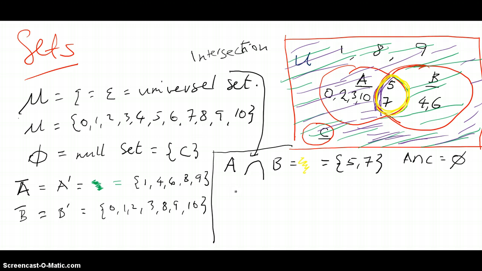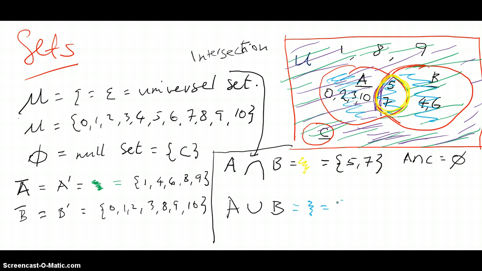Now, the last bit of information we need to know is A union B. I like to think of this as the easiest one. Union is pretty much just all elements inside A combined with all elements inside B. So you can see here, all elements of A, all elements of B, including the intersection because that's part of it.